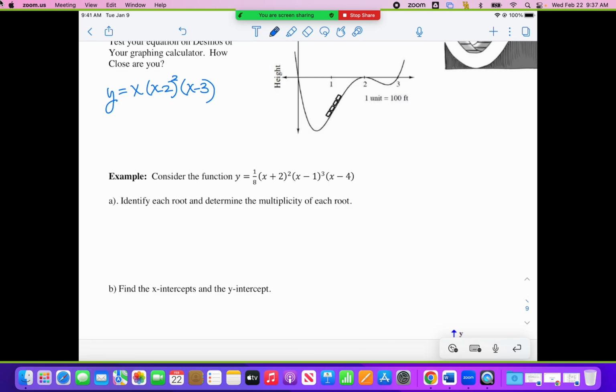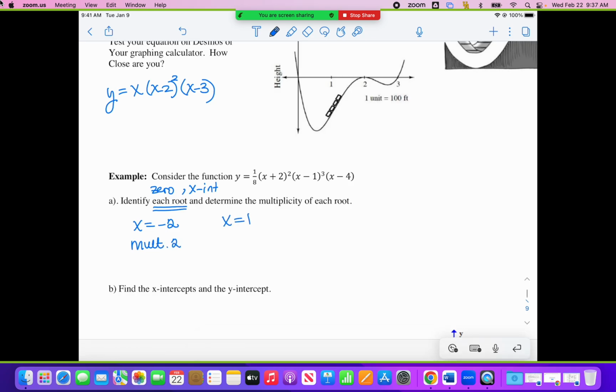All right, so now we're going to use that new vocabulary, multiplicity. So when it says identify the root, that is the 0 or the x-intercept. So each root, I'm going to say, is x equals -2, and it has multiplicity 2.